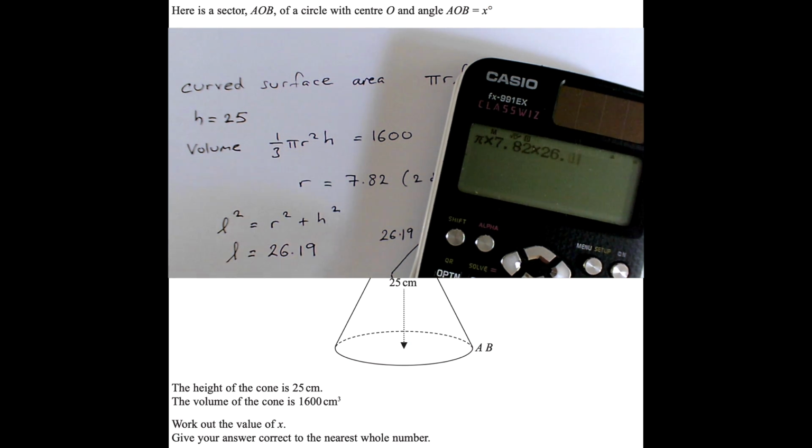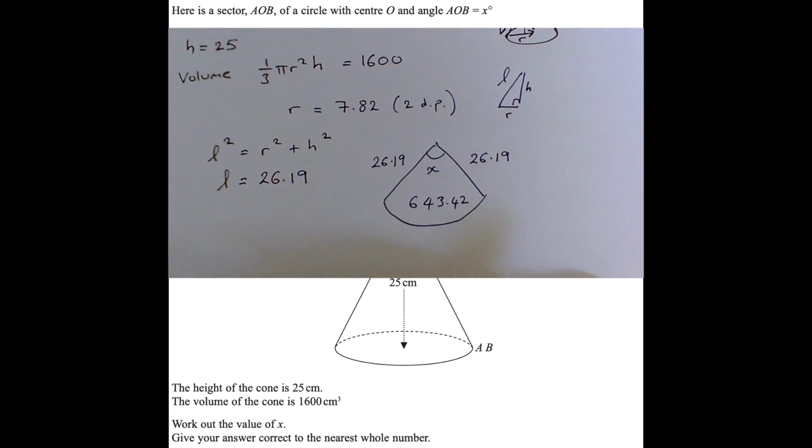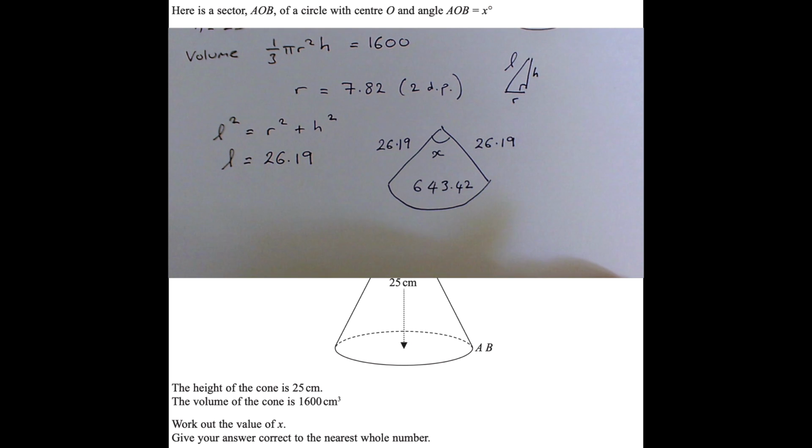So pi times r times L gives me 643.42. Again, if I use my memory values I can put down a much more exact answer, but I think this is okay because we're only asked to give it to the nearest whole number.